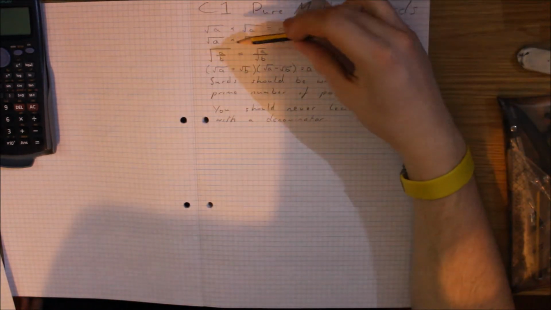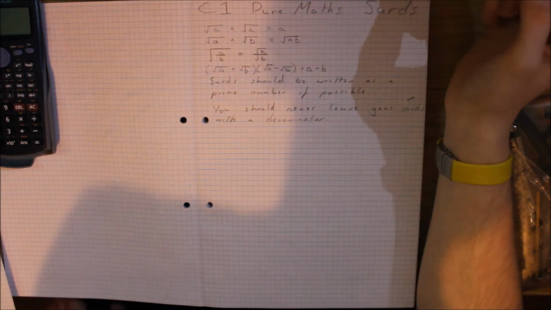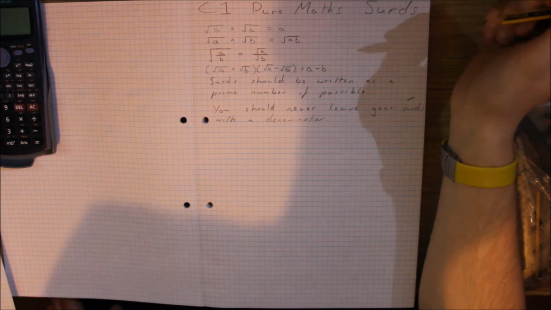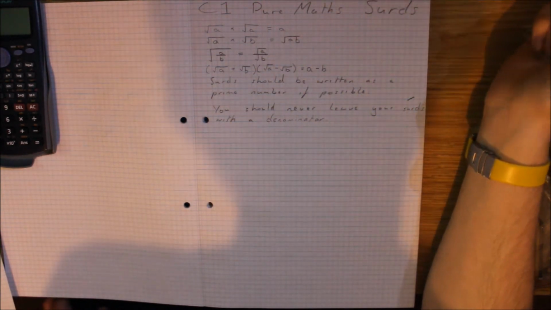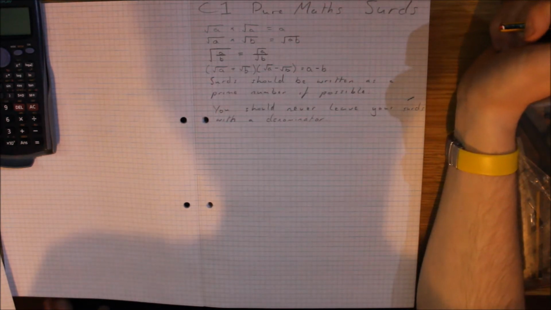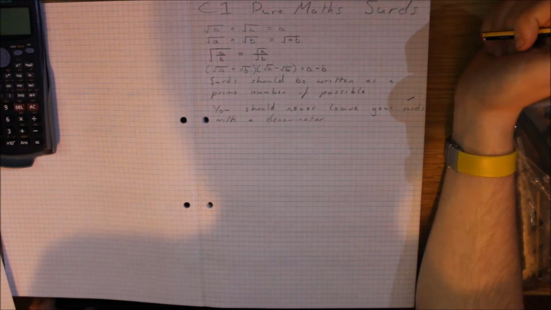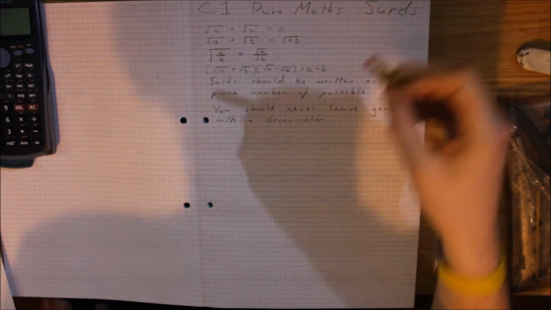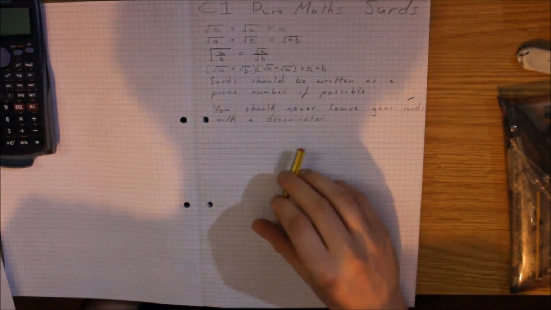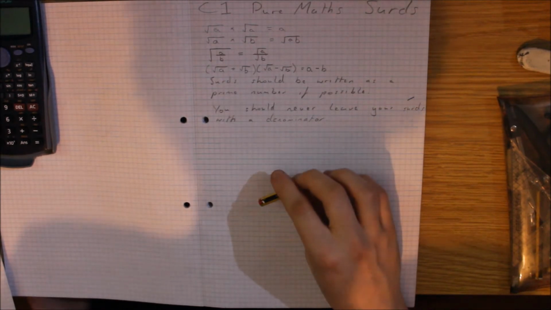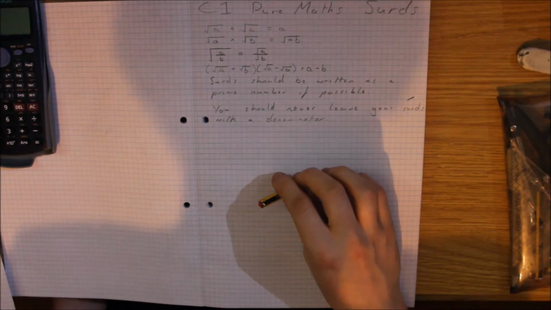Another rule: open bracket root A plus root B, end bracket, and then open bracket root A minus root B, end bracket, can be written as A minus B. Okay, so a few written rules: surds should be written with a prime number if possible.